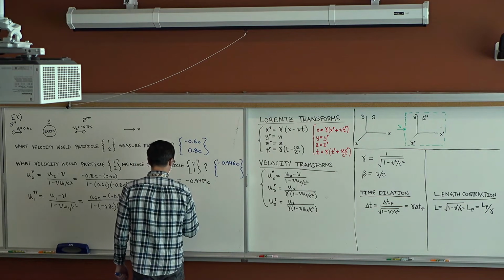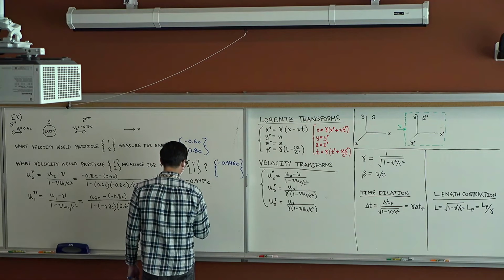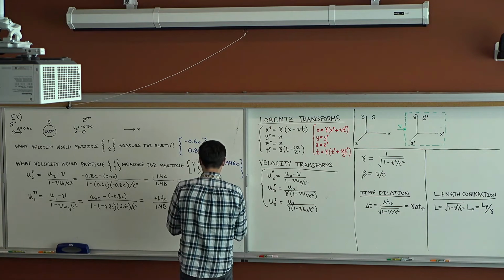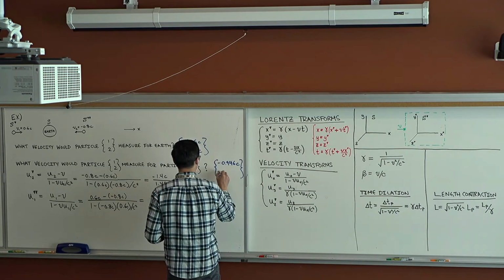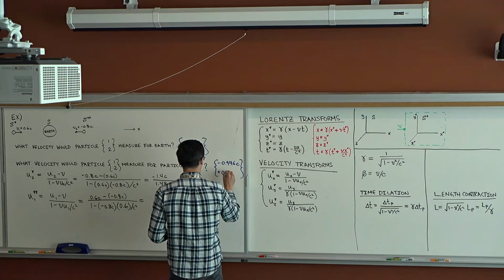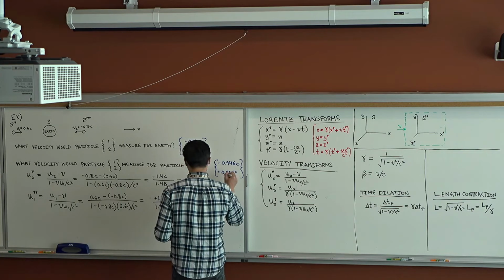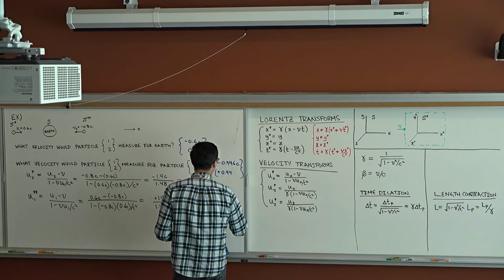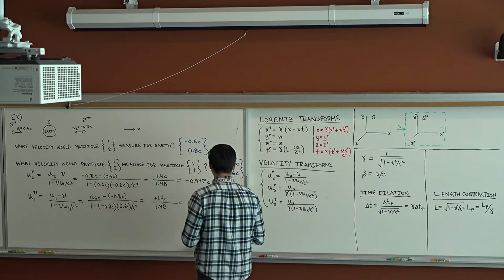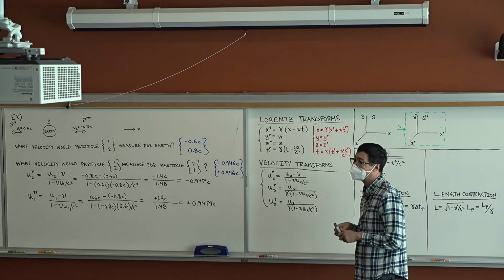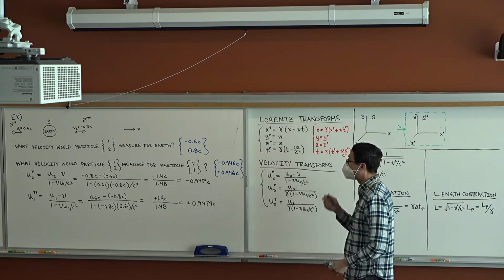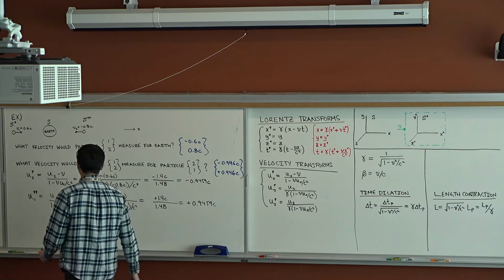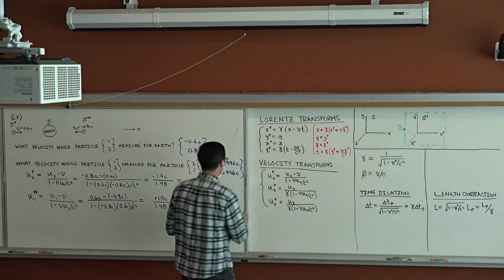Since we already did this, I'm going to assume that this is just 0.9459 c, which makes this plus 0.946. Let's round the same. Did that work? Yes. Okay, good. All right, so let's try another one.